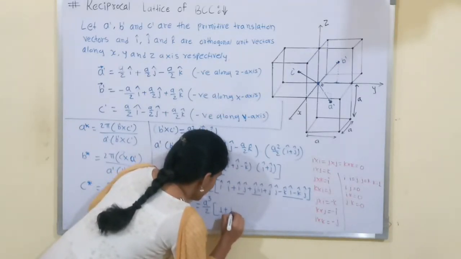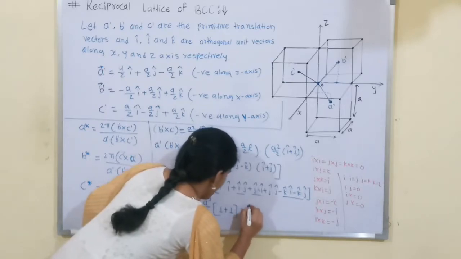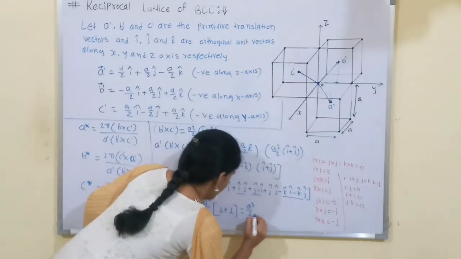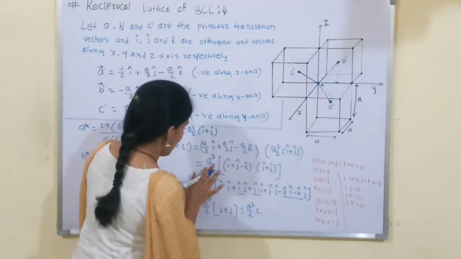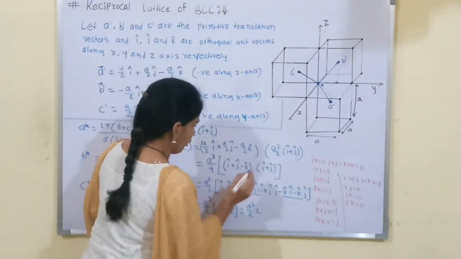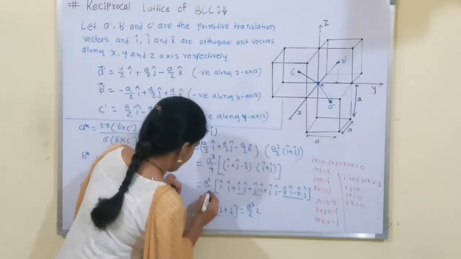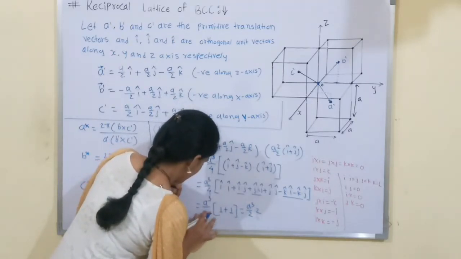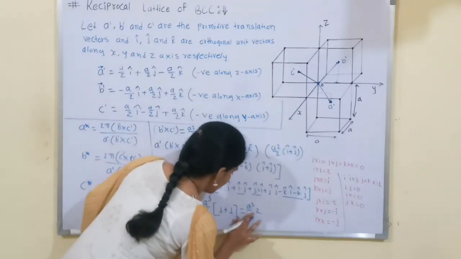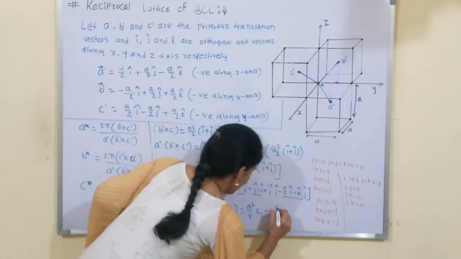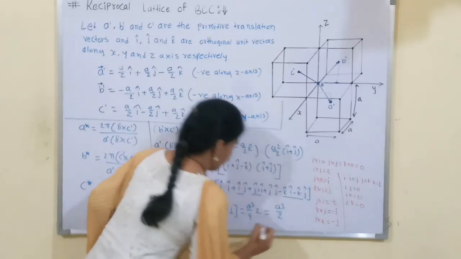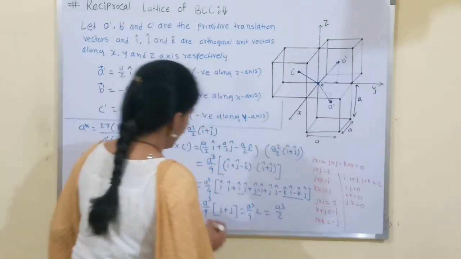Also J dot J is 1. So simply we have A cube by 2 into 2. Sorry, here we have A cube by 4. Sorry, A cube by 4. This is also A cube by 4, and we will get A cube by 2.